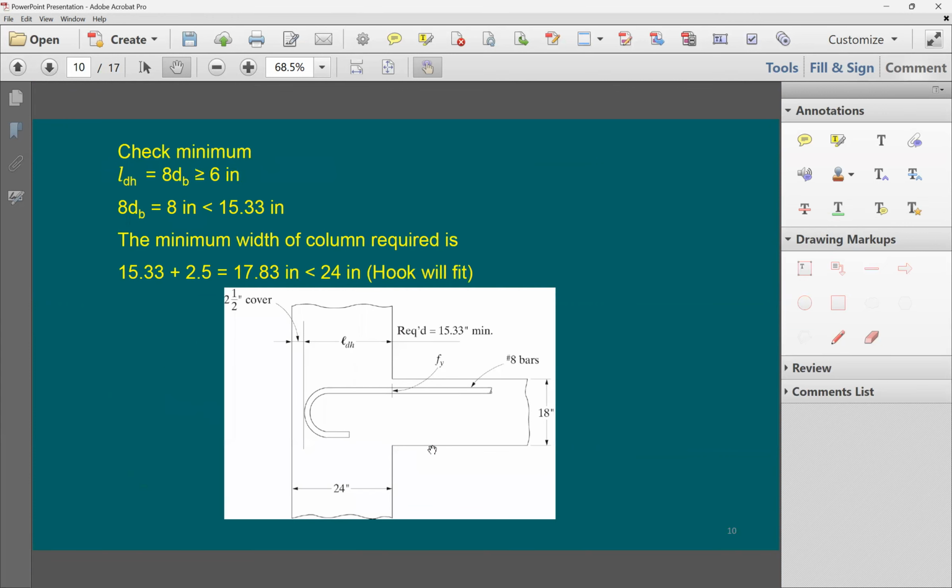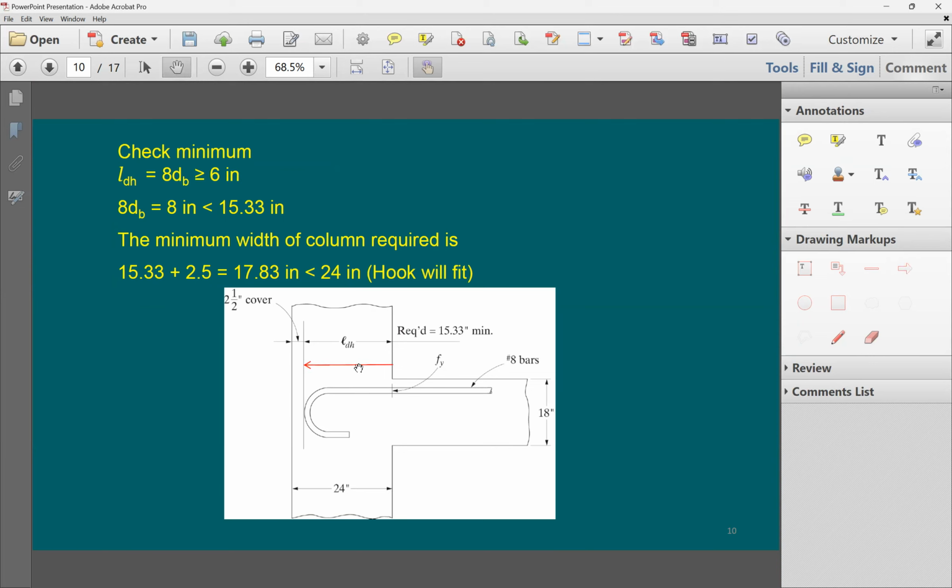Now let's look at the picture. From this side, I'm going to be leaving 2.5 inches. So you have 24, you subtract 2.5 inch, it is going to be 21.5. So the available length for LDH is 21.5.